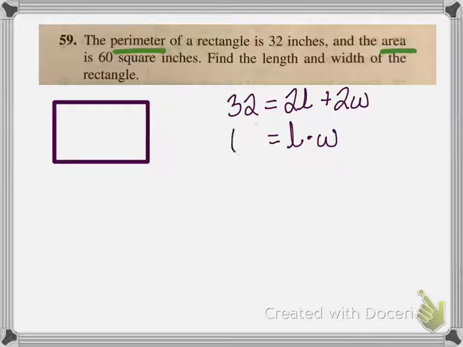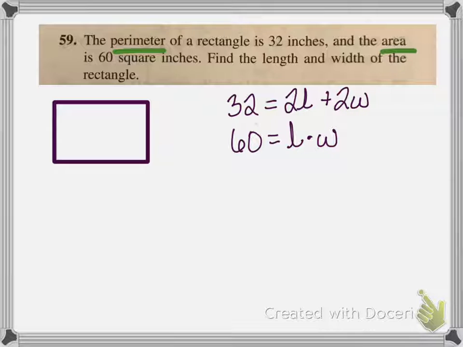60. Okay. Now, students typically do okay until this point. They're like, okay, I've got my area, I've got my perimeter. Now what do I do? What we have here is what's called a systems of equations.